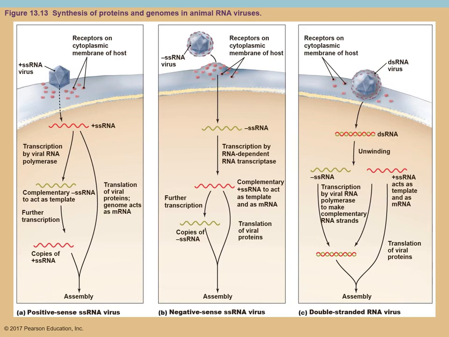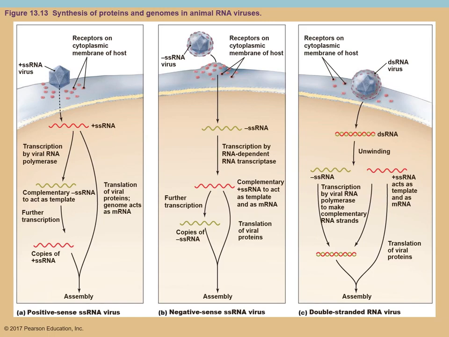So from this negative, which you can't use, you can use it as a template. Now you just made a single-stranded positive RNA. So now from this, carry out translation, make the proteins you need to make, and then use this also as a template to make more negative strands, which is what you're going to package in for this particular virus.